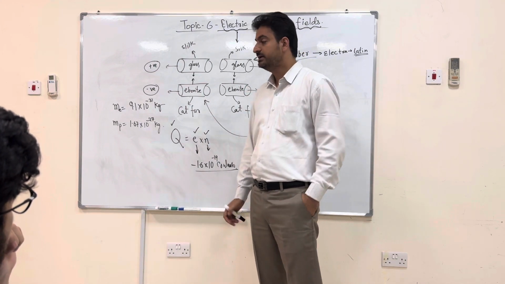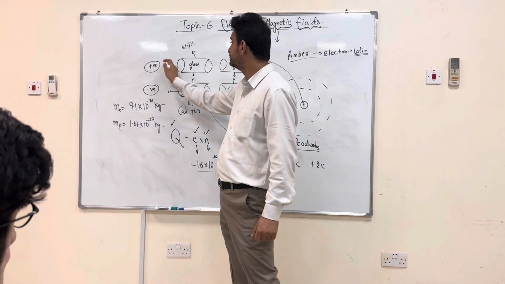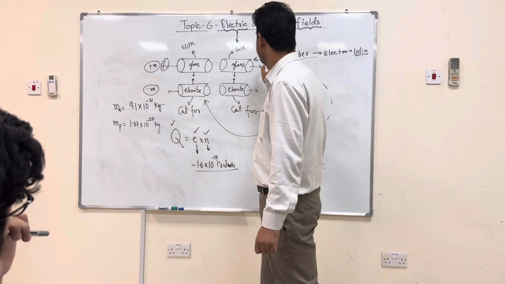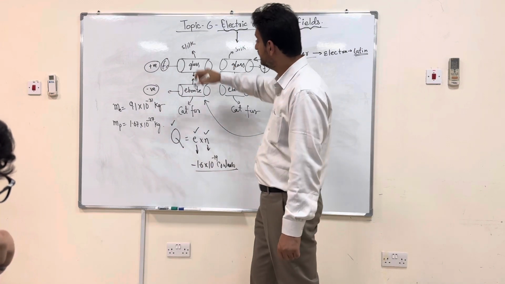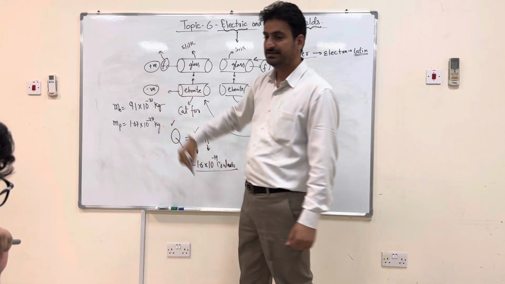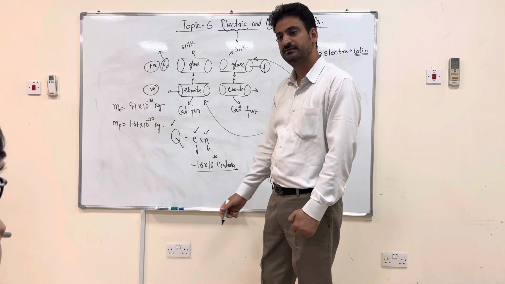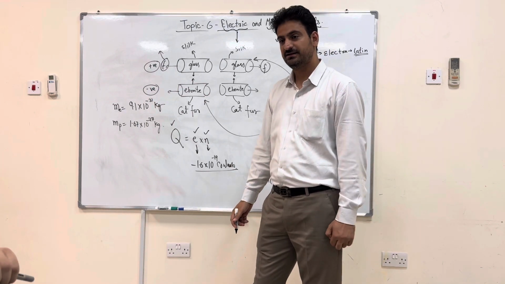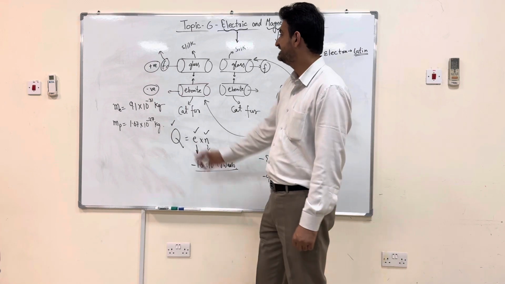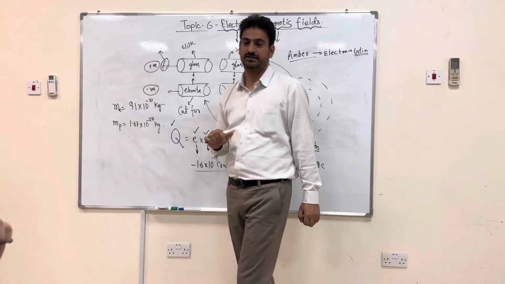Now there is this force, right, which is acting between two charged bodies. What kind of force would we call it? Is it an electric force? I would say so. Yes. It is an electrostatic force, rather, what we say.